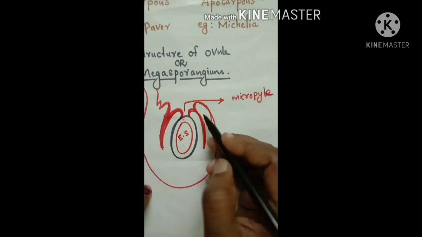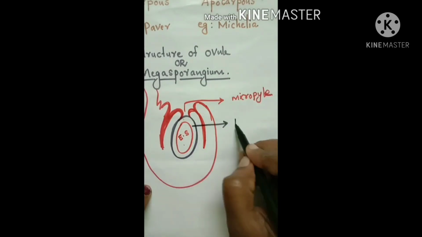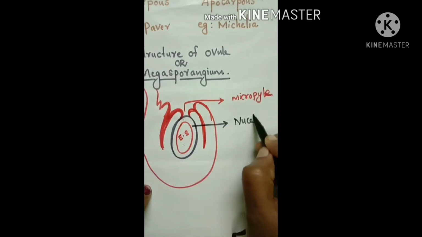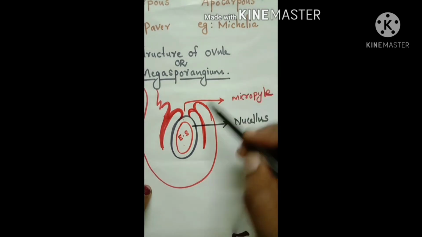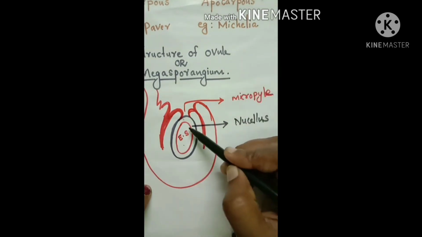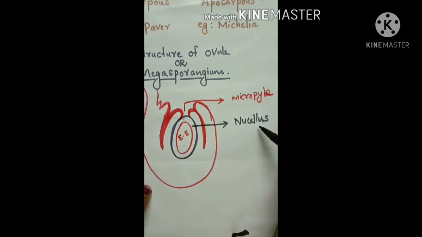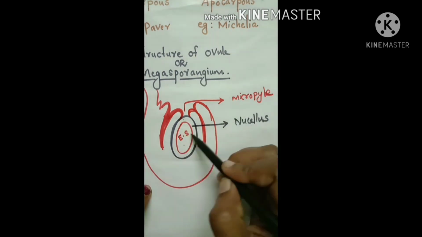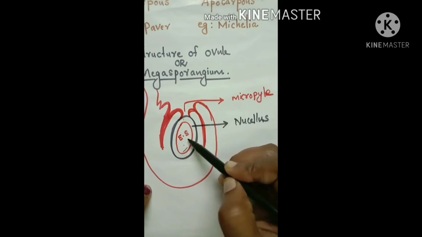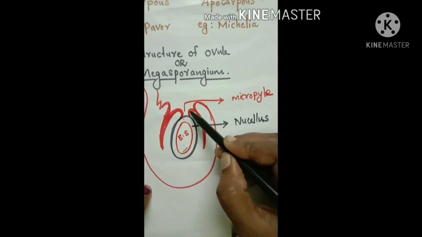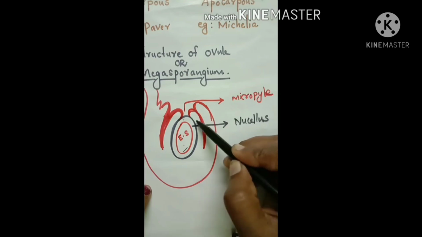So what is this portion? Nucellus. I have already mentioned what is nucellus. It's a mass of cells inside the ovule. Ovule consists of a mass of cells, and that mass of cells is called a nucellus. One of the cells inside the nucellus is converted to what? Embryo sac. This nucellus is encircled with two coverings.